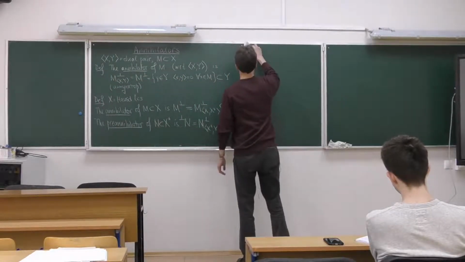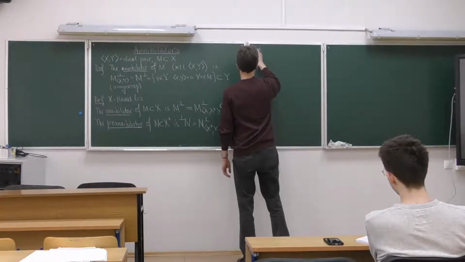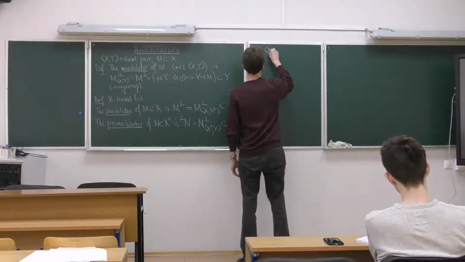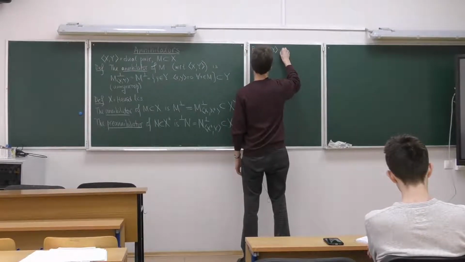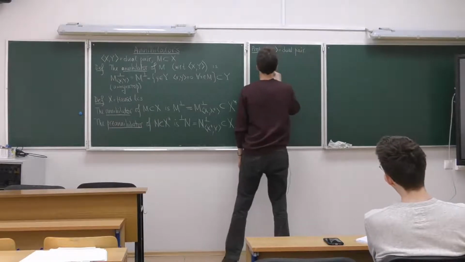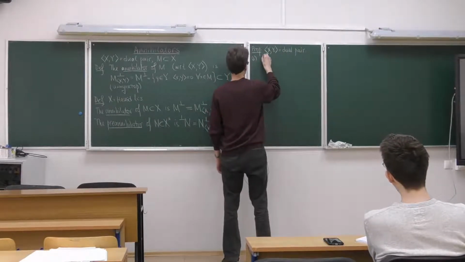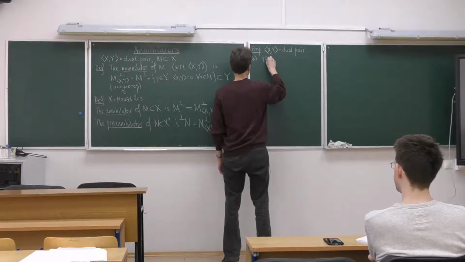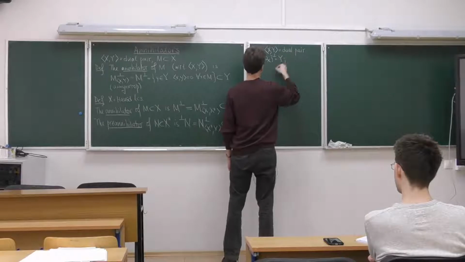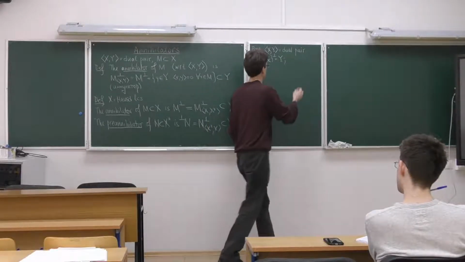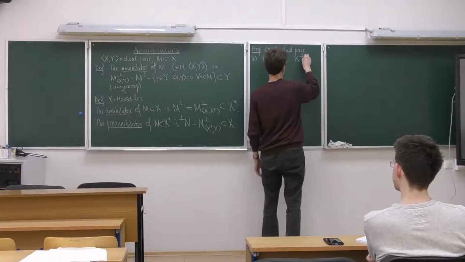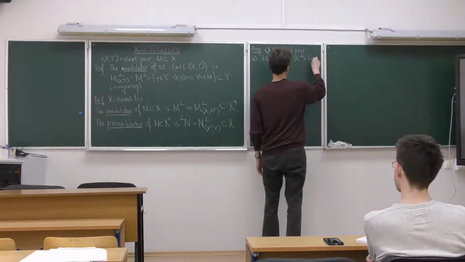Here are some basic properties of annihilators. So we have the following proposition. Again, we start with an arbitrary dual pair, X and Y. Then, first of all, if you take the zero subspace in X, then the annihilator is Y. This is clear. And if we take the whole space X, then the annihilator is 0.